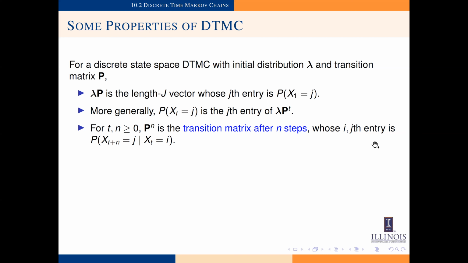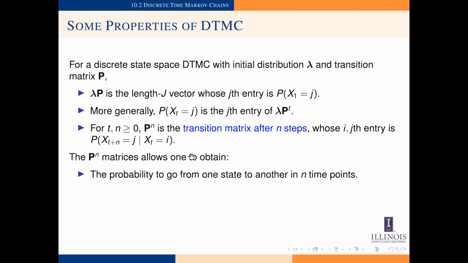The ijth entry of P raised to the nth power is the probability that we get to state j in n steps, given that currently we are in state i. This P^n matrix allows us to obtain the probability to go from one state to another in n time points. It also allows us to find out the expected time it takes to go from one state to another.